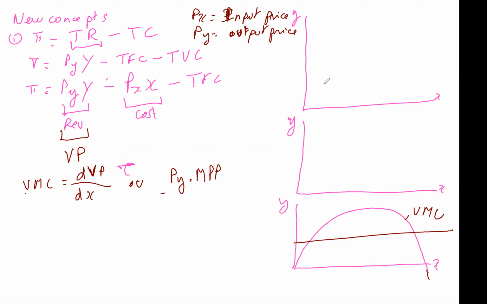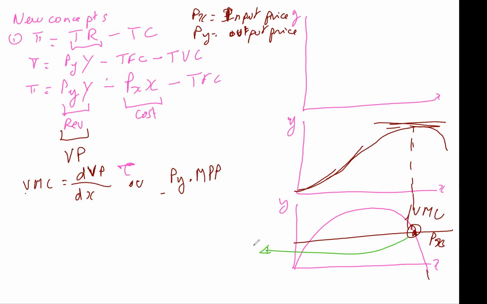So this is my PX, right? So where am I going to be at the optimum of profit? My profit is going to be at the maximum over here, when the value marginal product equals PX.